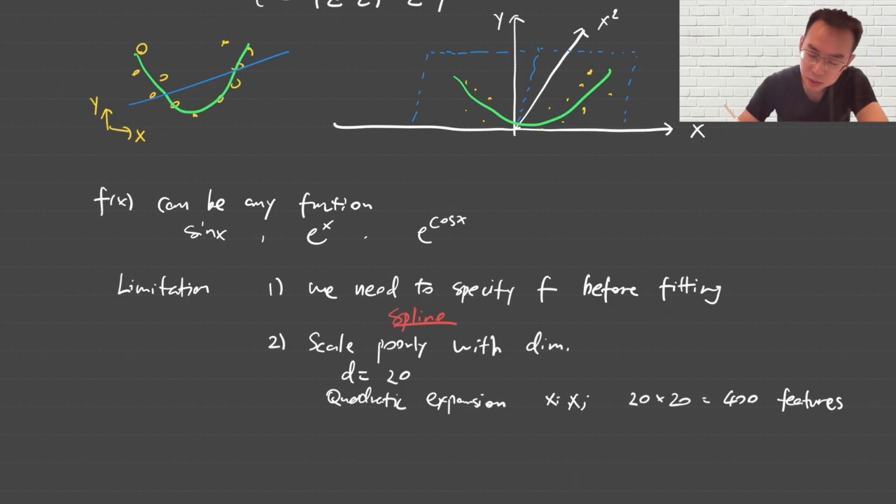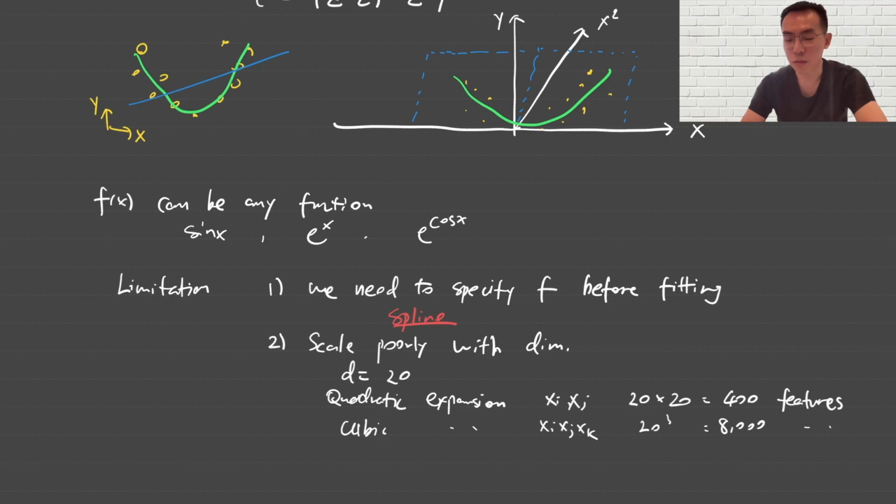That's not good. But if you do something even more like cubic, with xi, xj, xk, that's going to be 8,000 features. So this method can easily explode with the increase of dimensions and the increase of the terms we want to include, right?